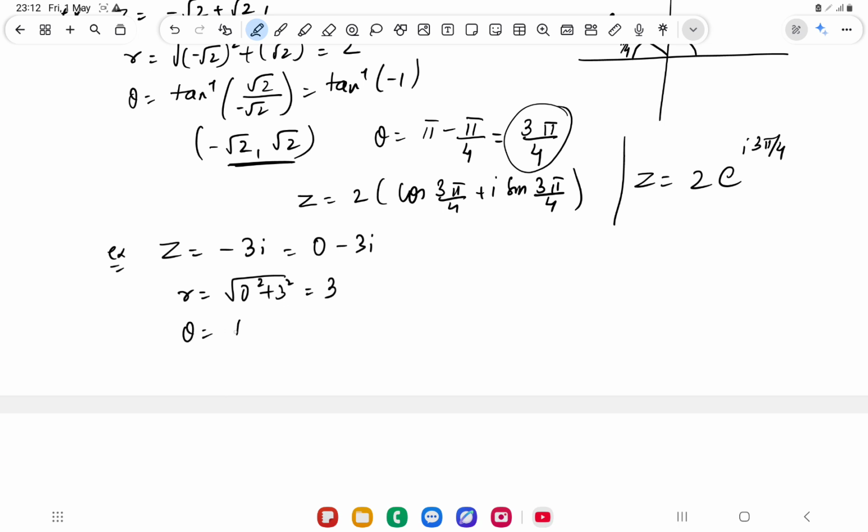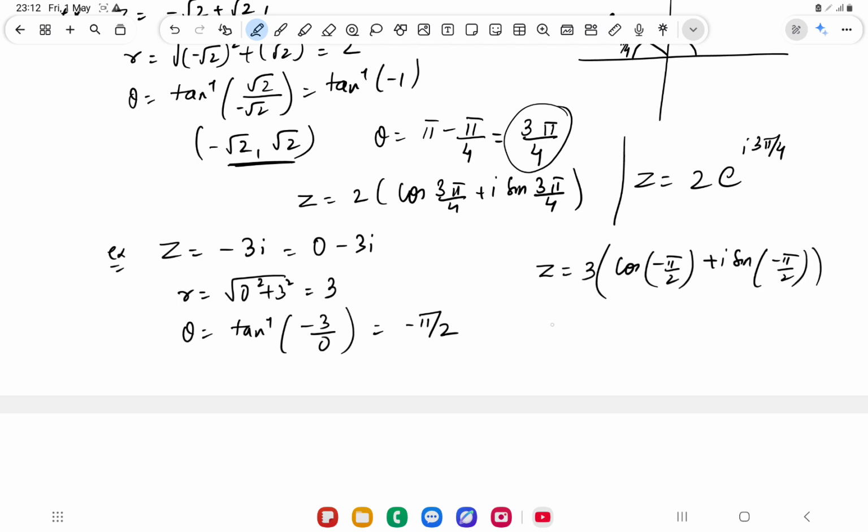Now my argument will be tan inverse b by a, which is infinite. Infinite is at pi by 2. So I can write my z as 3 cos minus pi by 2 plus i sin minus pi by 2. Or in Euler form, I can write 3 e to the power minus i pi by 2.